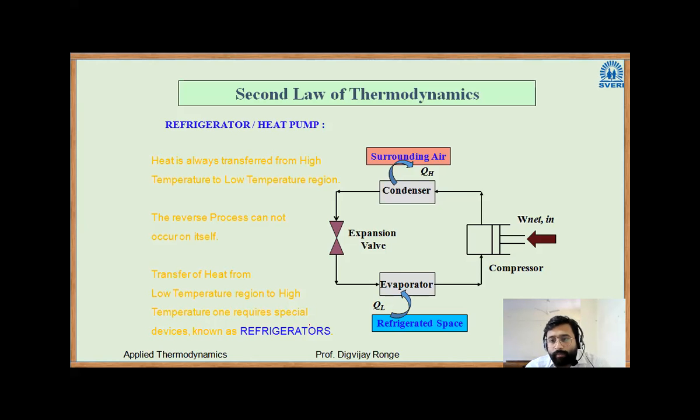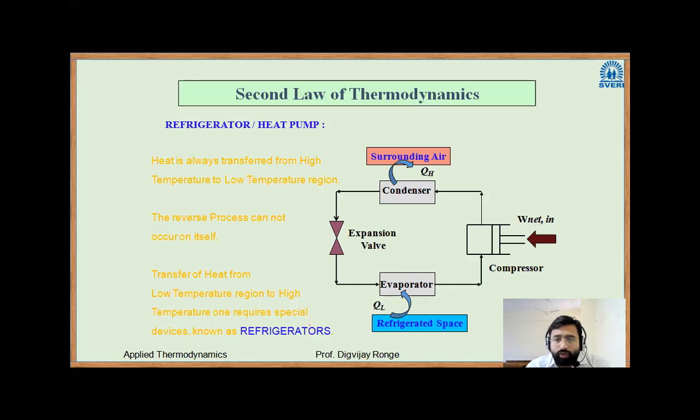In a heat engine, the flow of energy or heat is natural, that is from the higher temperature source to the lower temperature sink. In a refrigerator, the flow is reversed. Heat is extracted from the low temperature reservoir, that is the sink, and heat is transferred to the higher temperature reservoir, that is the source.